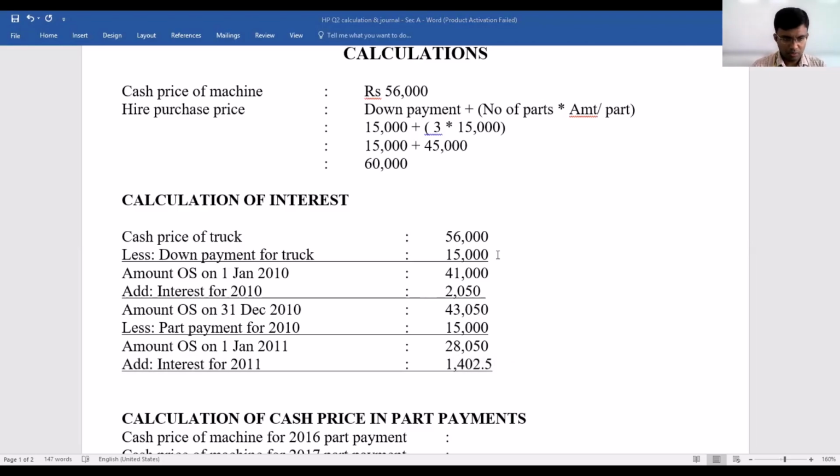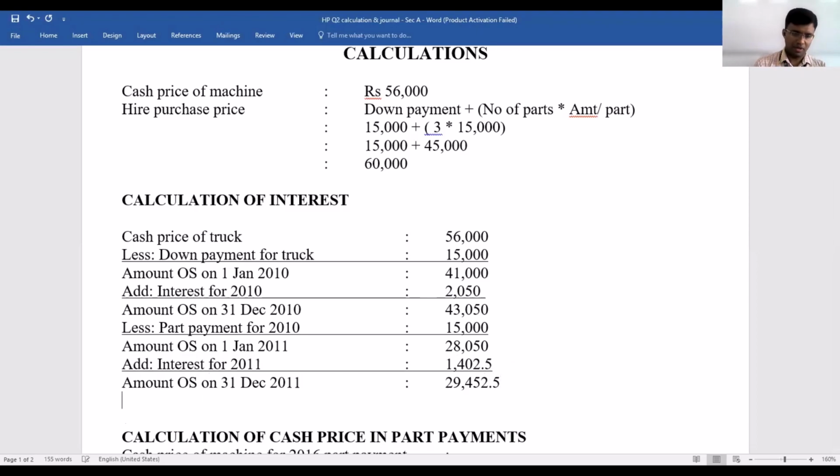So this will work out to be the amount when you add interest to this. This will be the amount outstanding on 31st December 2011. So at the end of the year, the amount that will be outstanding is 29,452.5.